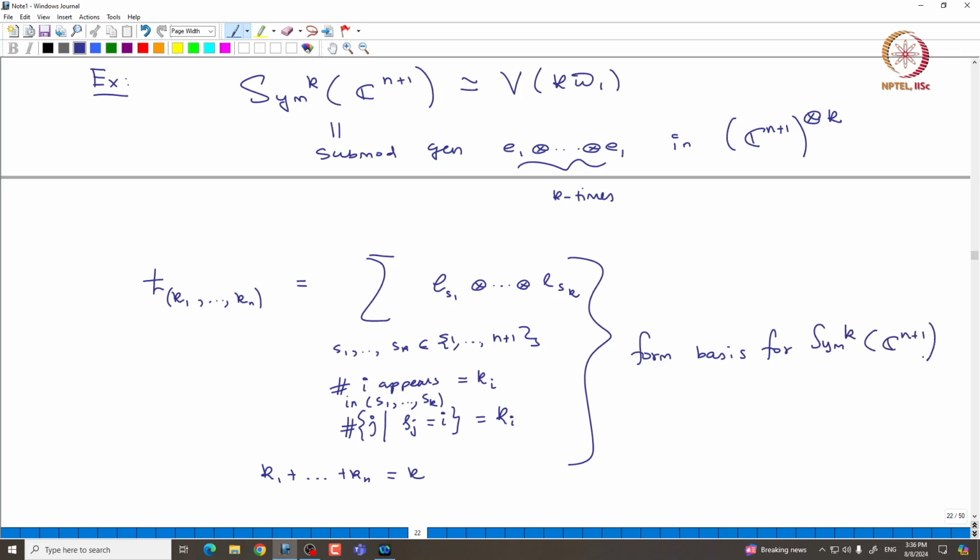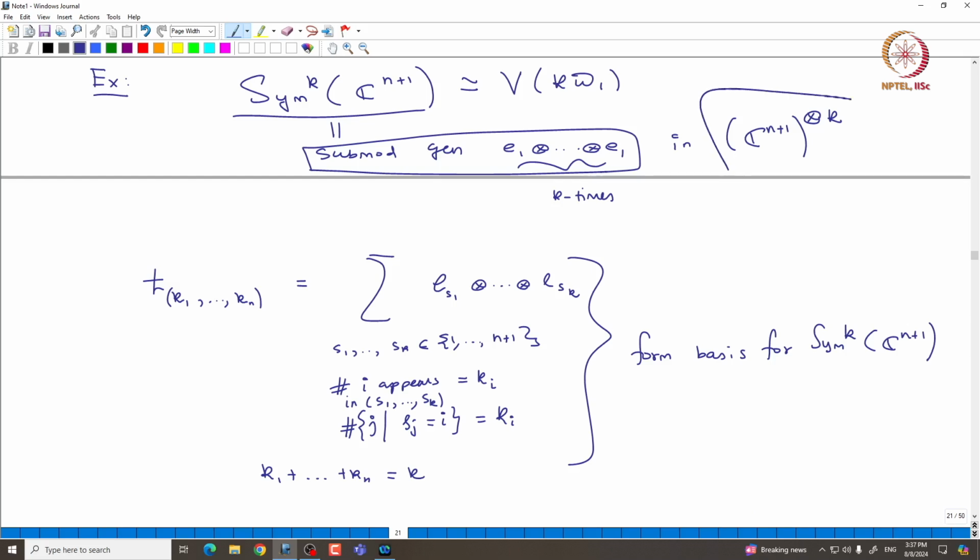Because they form a basis, if you are interested in proving that the submodule generated by this e_1 tensor etc. tensor e_1 is exactly this, then you need to get all the basis elements by applying y powers on this e_1 tensor etc. tensor e_1, because that is going to be the highest weight vector inside your tensor product.